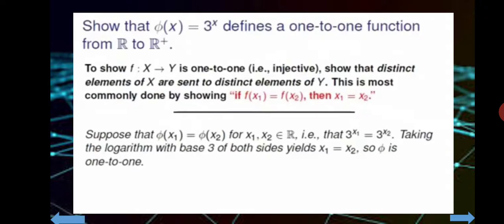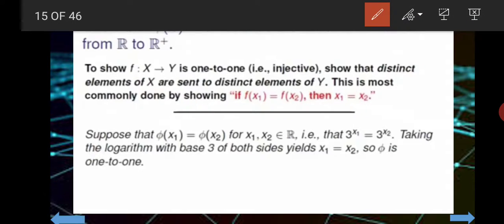And then to show that a function from X to Y is one-to-one, or an injective function, we're going to show that distinct elements of X are sent to distinct elements of Y. That is most commonly done by showing that if f of x sub 1 is equal to f of x sub 2, then x sub 1 is equal to x sub 2.